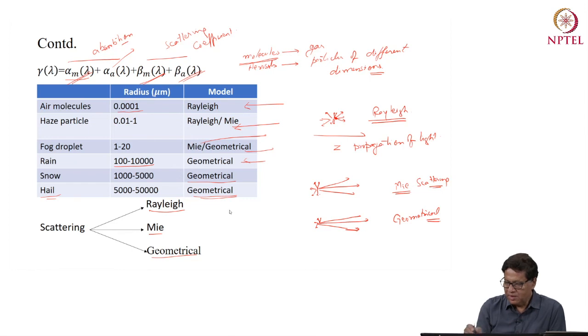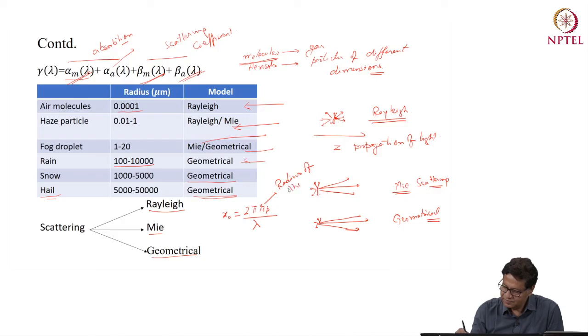So basically Mie and Rayleigh can also be defined depending upon the size of the particle. If I define the size parameter as x naught, it is equal to 2 pi r_p divided by lambda, where r_p is the radius of the particle and lambda is the wavelength.